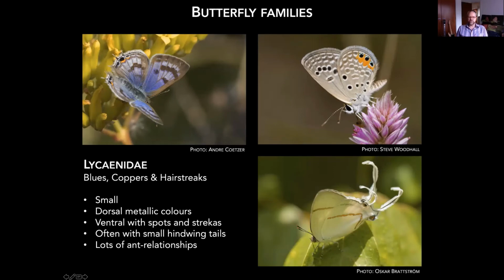And they very often have either long or very small tails on the hindwings. A lot of these butterflies in Africa have a complex relationship with ants, just as we saw before. Some of them feed on ant larvae, others are actually producing sweet things that the ants like, to gain protection from the ants.